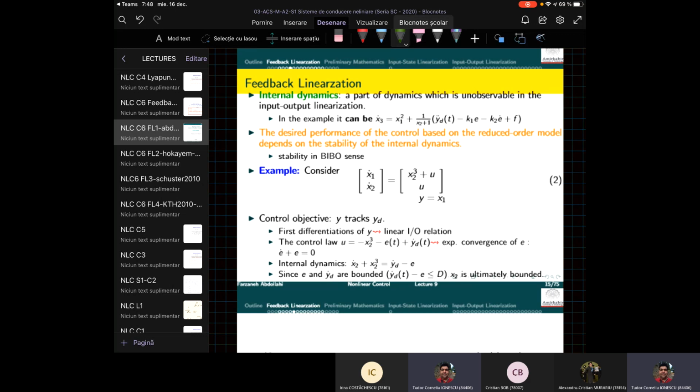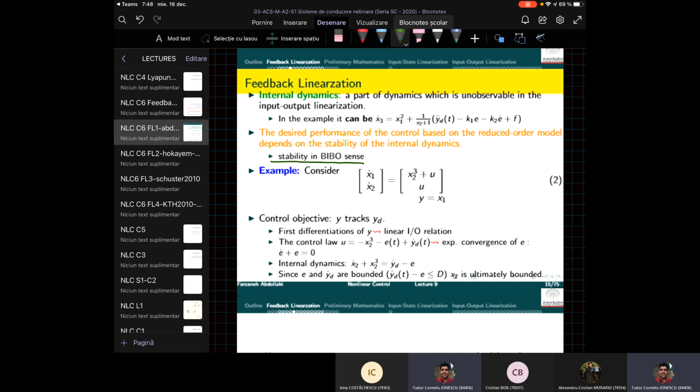Now you see again why dynamics is important, not only transfer functions. So now we can define, even for nonlinear systems, some sort of bounded input, bounded output stability. If this unseen dynamics is stable, probably the system is stable in the input-output sense.